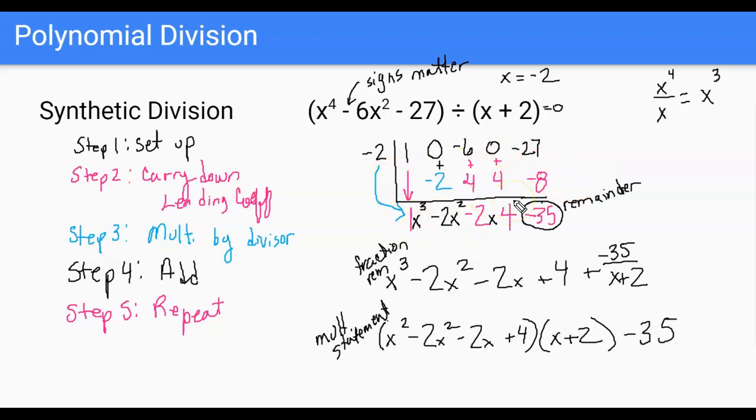I don't have a lot of distributing to keep up with. Notice that the only sign we have to keep up with is really making sure that we copy our signs down correctly and making sure that originally we do always take the opposite of this number. But once we've done that, it's really just a matter of multiplication and addition and all just arithmetic. And so it really does make that into a much simpler process.